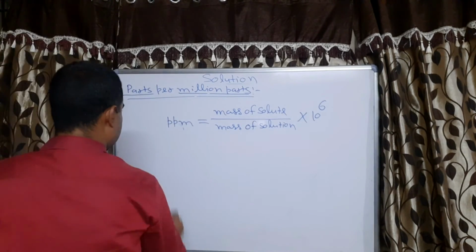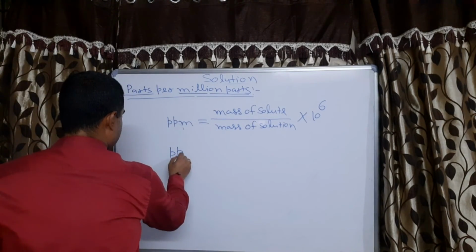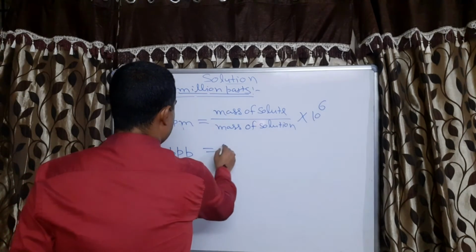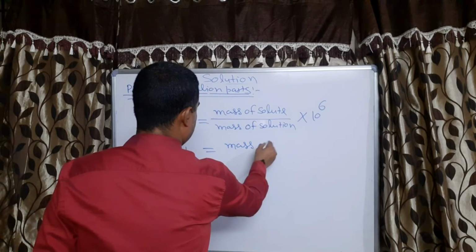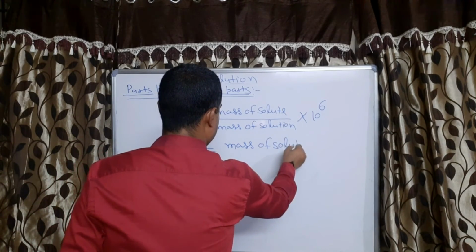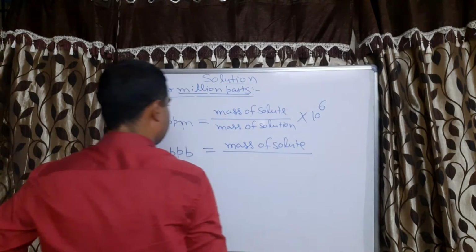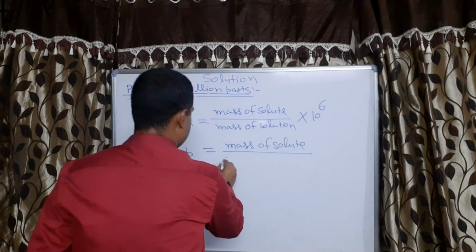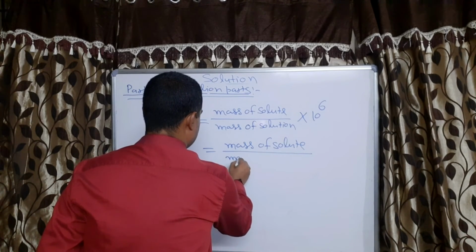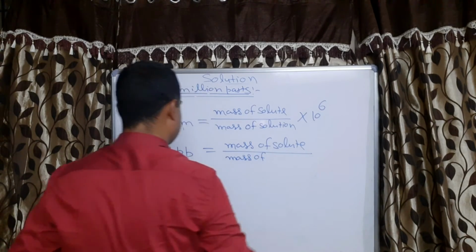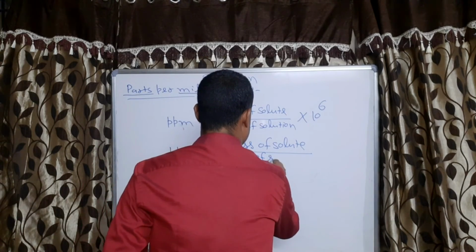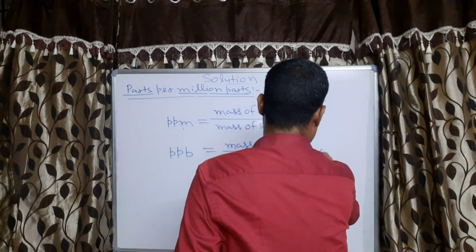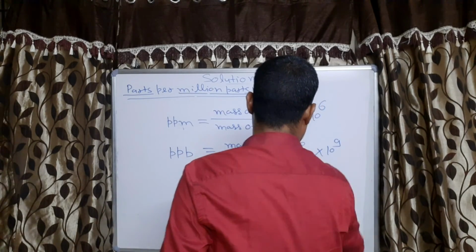In the same case, if we want to describe ppb, parts per billion, it will be the mass of the solute present in billion parts of the solution in gram. It means mass of solution, that will be billion parts, 10 to the power 9.